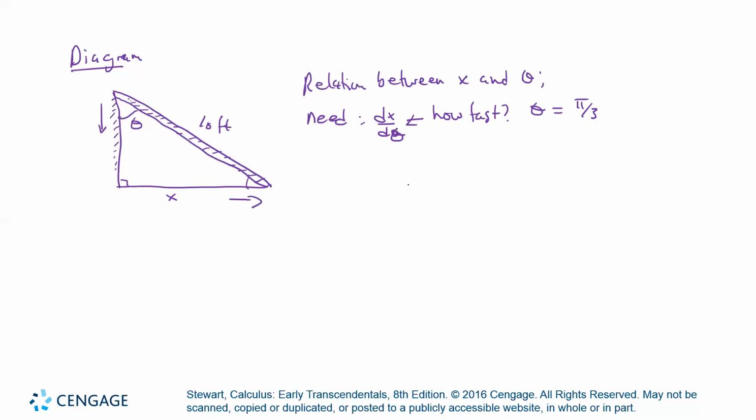So what's the relationship between these two? This is a right triangle. You know the hypotenuse, which is 10 feet.